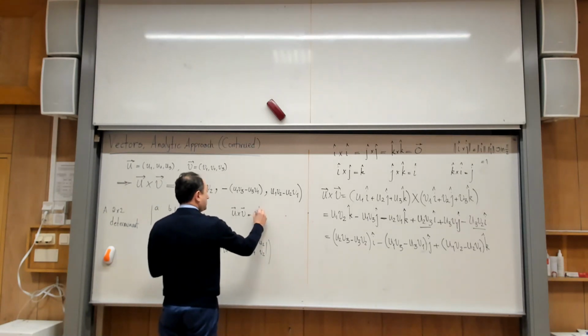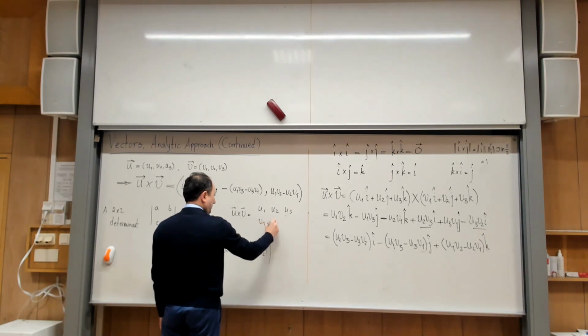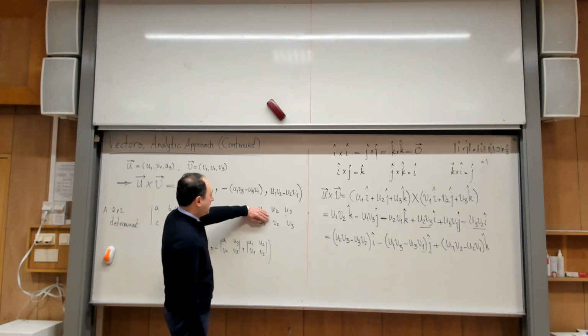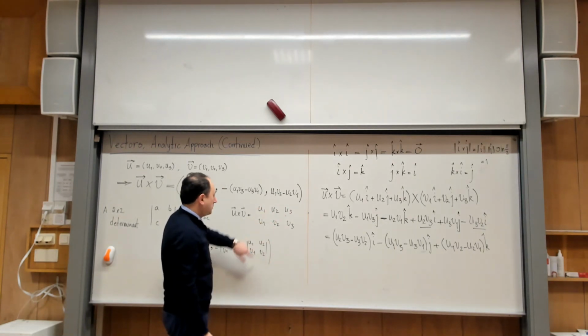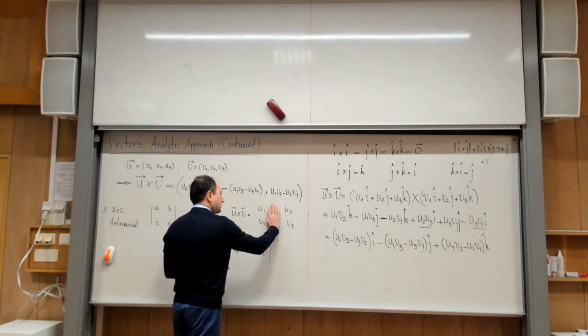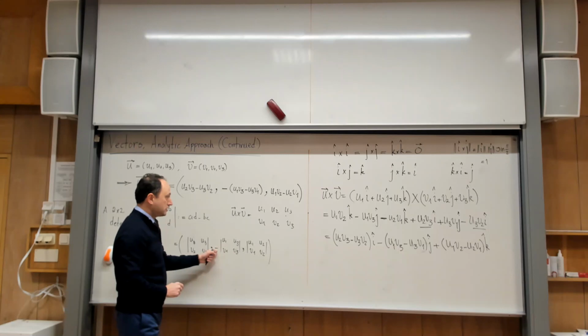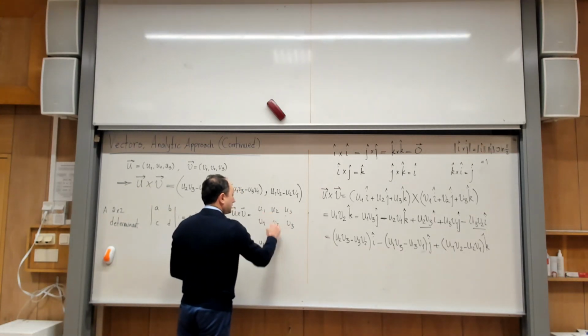When I want to do a cross product, I do it like this. Of course I will use the same trick, but I don't waste the time so many times. I would just write U1, U2, U3 in my head or in a scratch paper, V1, V2, V3, yes? When I want to write the first component, I hide the first component, I multiply like that. Yes? And if I want to write the middle one, I just hide the middle one and I do like that, but I have to keep in mind that I have an extra minus sign. And when I want to write the third component, I hide this one and I do this trick. Yes?